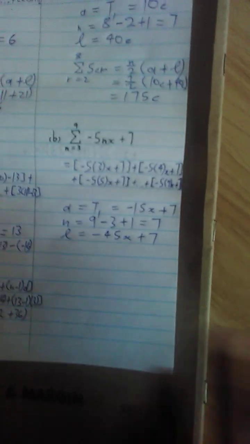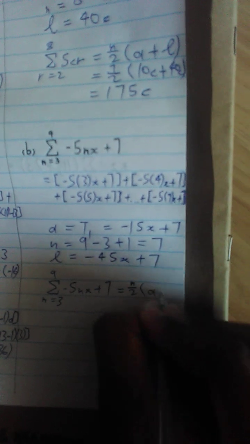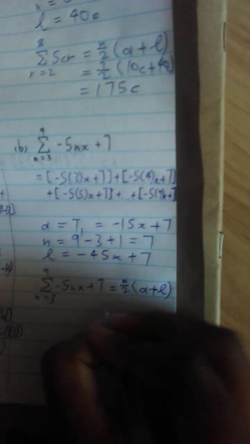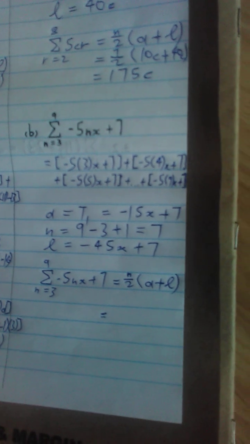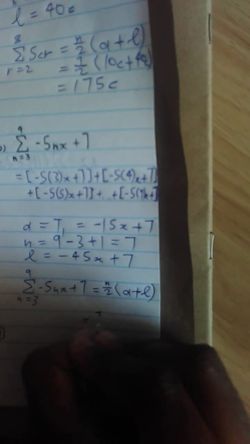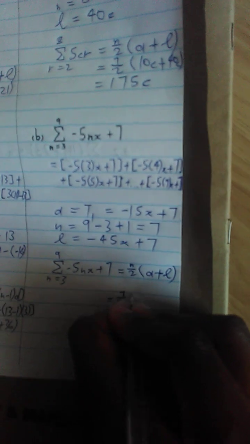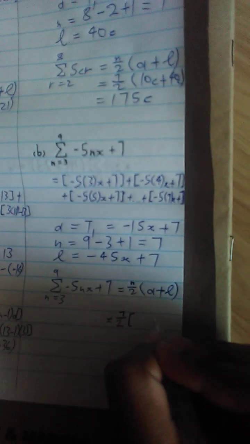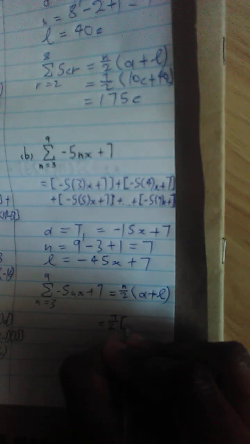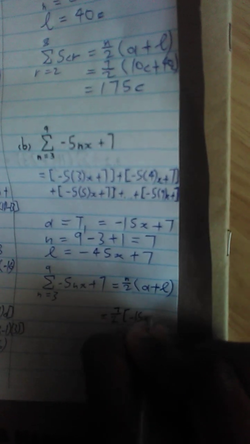So as usual, n is 7. A is negative 15x plus 7. L is negative 45x plus 7.